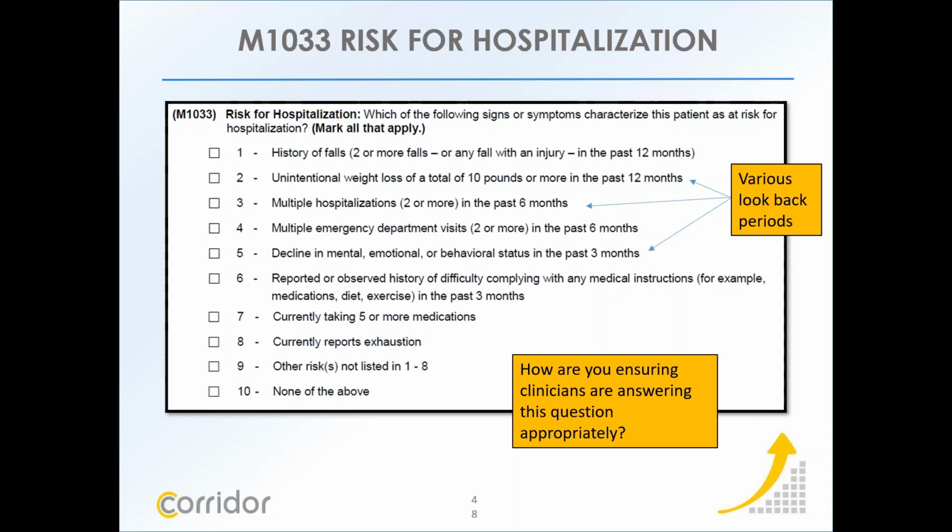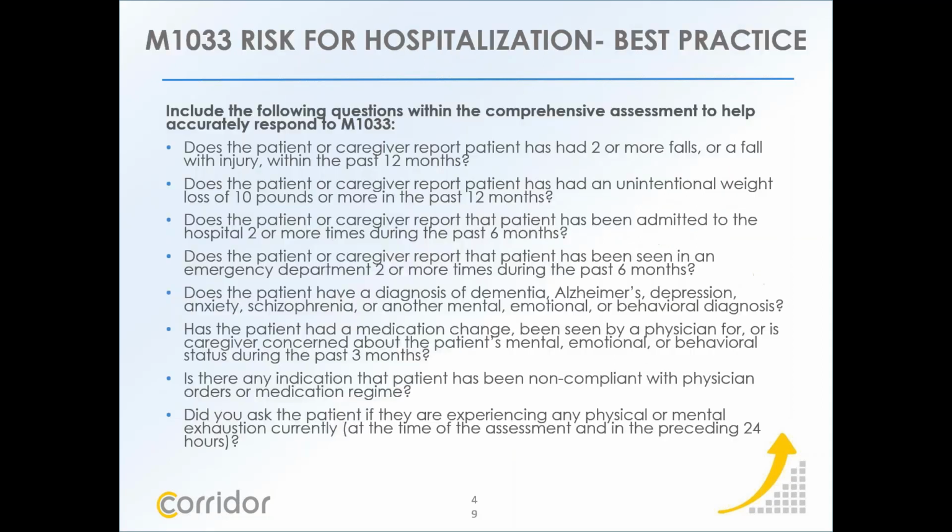Any type of additional documentation, like having the clinicians answer some yes/no questions, again, gives us enough information to rectify the M1033 response and can be very helpful as we partner together to ensure you're getting the additional points if necessary. And there are quite a few points, 11 points if you can get 4 or more selected there, without the exception of 8, 9, and 10.